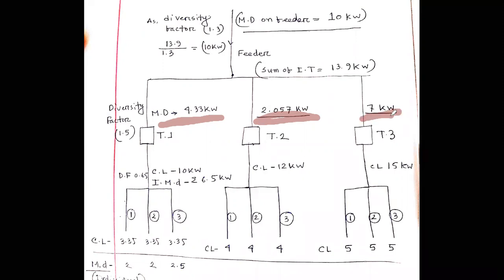In the same process, all 3 transformers have their maximum demand, and every value is an individual value. If we add these 3 values, we get the sum of the individual maximum demands of the transformers, that is 13.9 kilowatt.